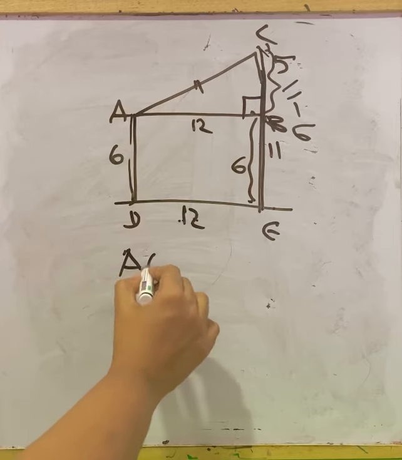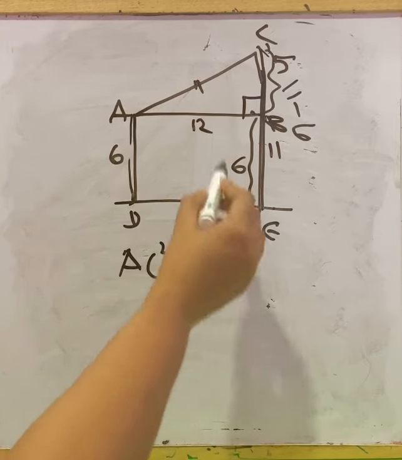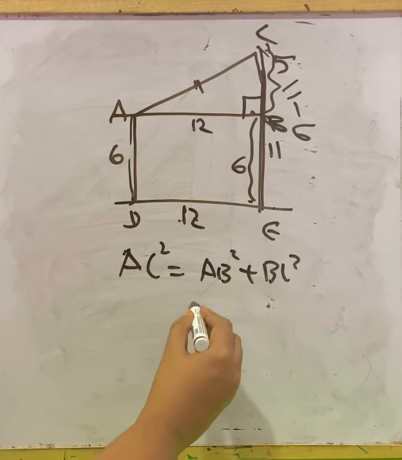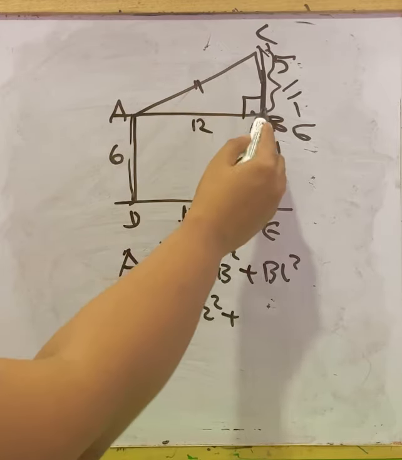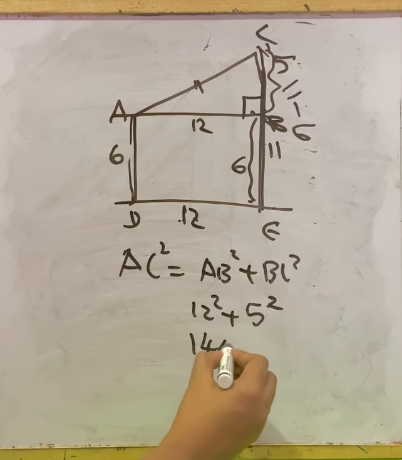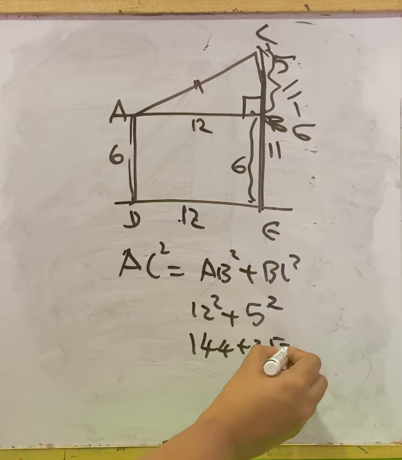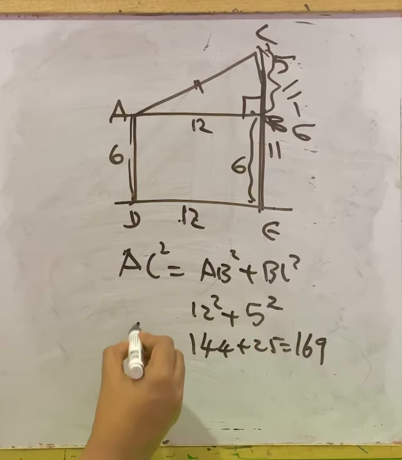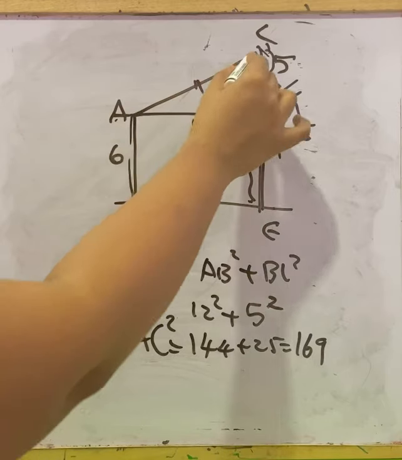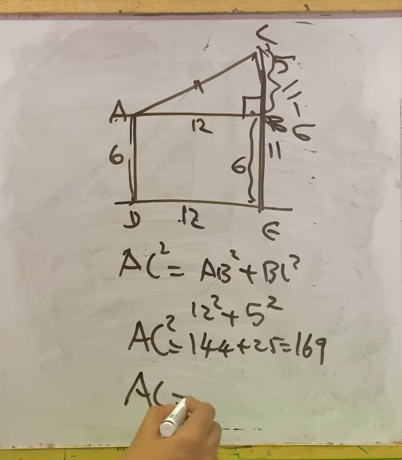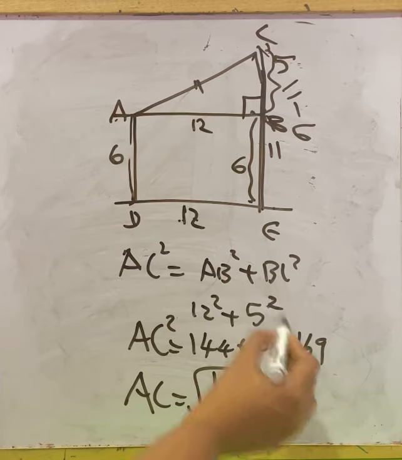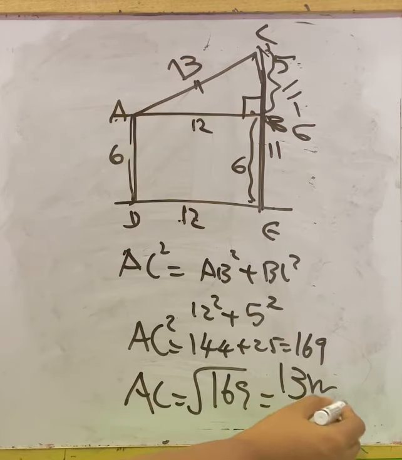So AC square is equal to AB square plus BC square, that is 12 square plus 5 square, that is 144 plus 25 is equal to 169, that is AC square. We don't want the square, we just need AC. So finding the square root, the square root of 169 is 13. So this length is 13 meter.